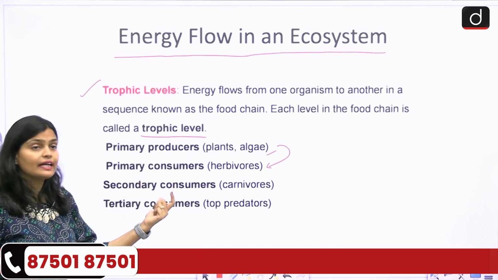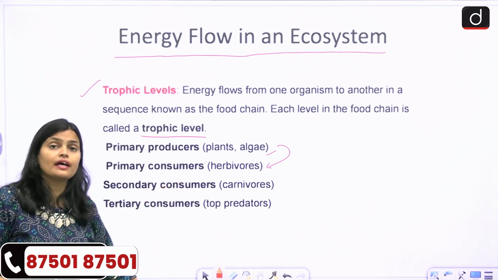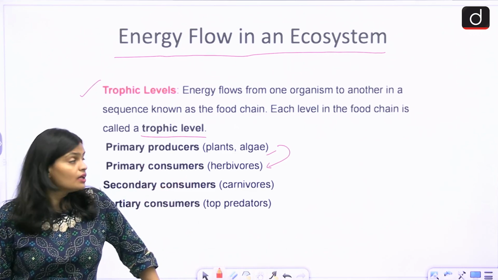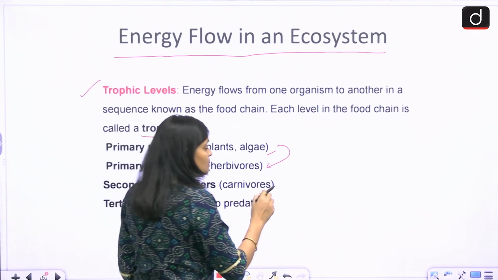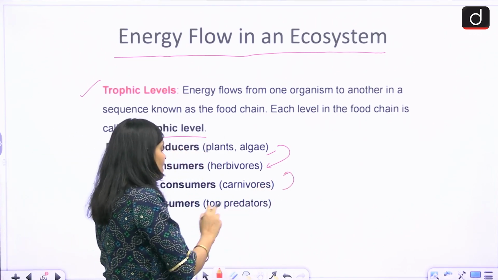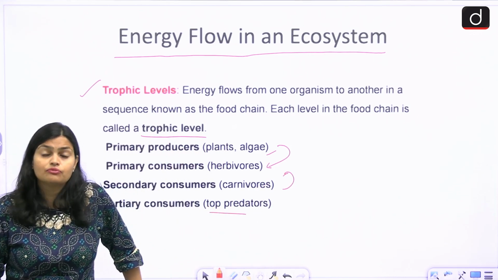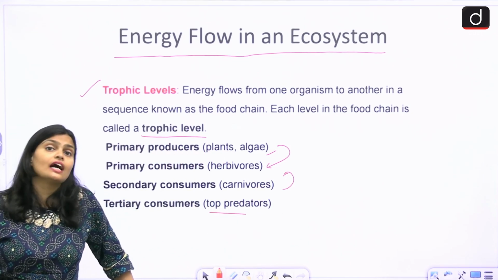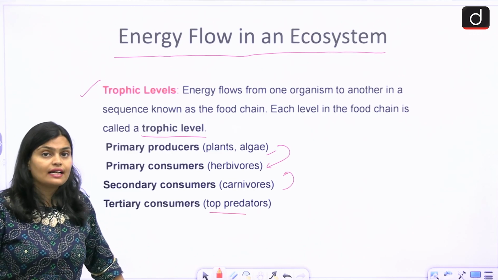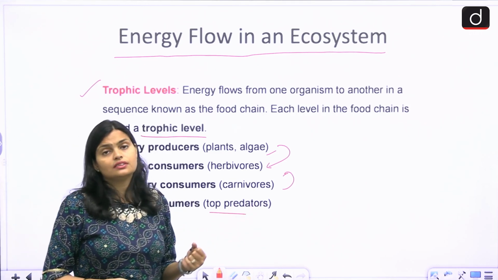Then we have secondary consumers like carnivores. Carnivores are animals which take their food from herbivores. So carnivores become the third level. Again, we have top predators, a few animals which eat other carnivores. They come under the tertiary consumers.